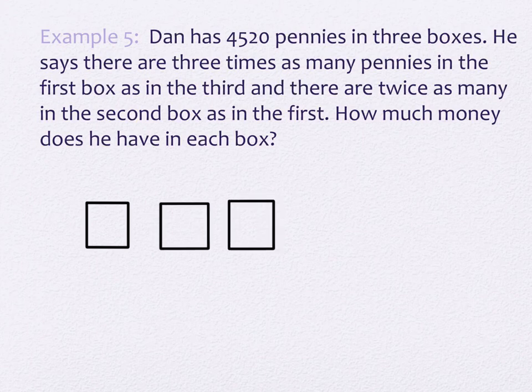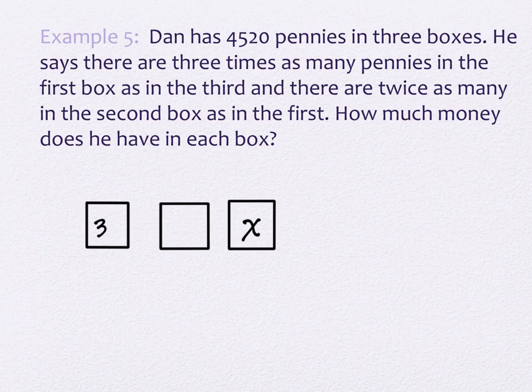So if I set these up with the same sort of mindset that I did on the earlier one, and I use variables, which box is going to have the first variable in it, the variable x, or whatever letter you want? The third box, because it says the first box has 3 times as many as the third.